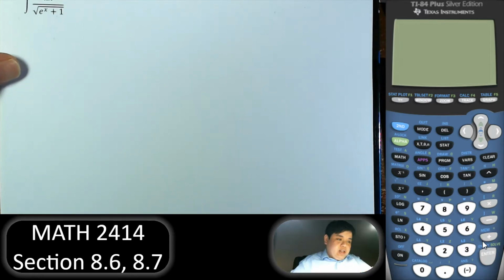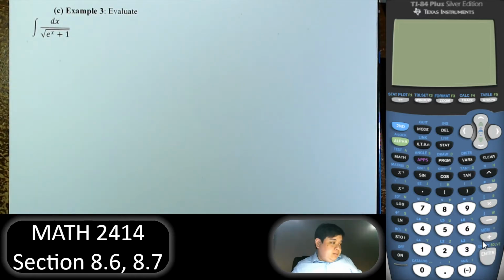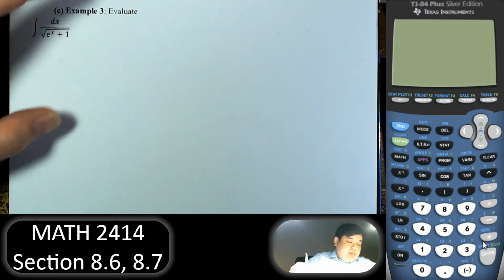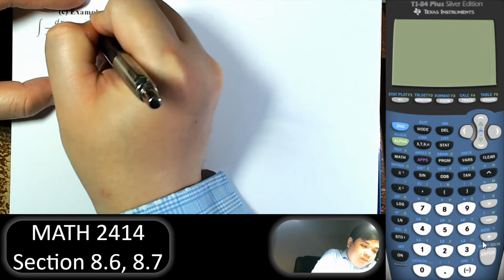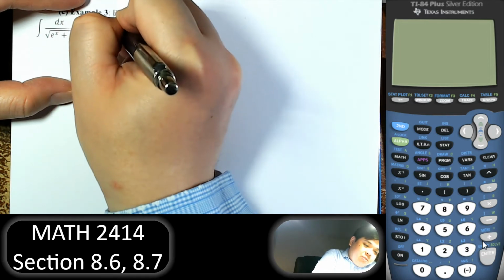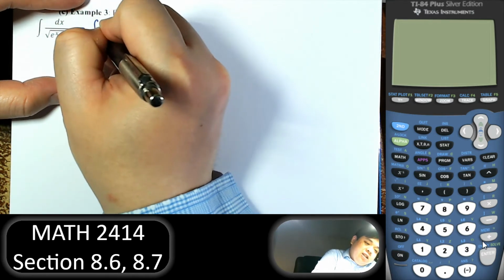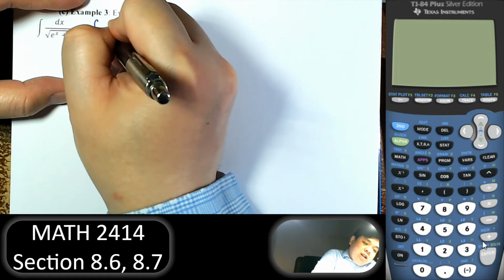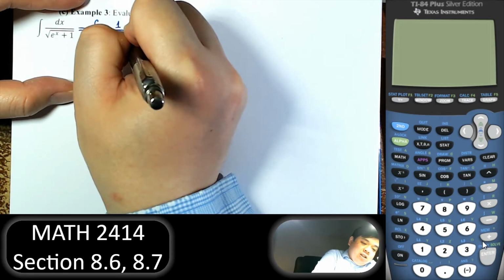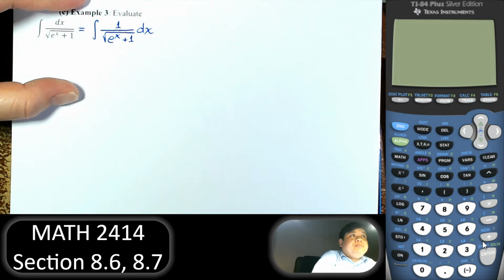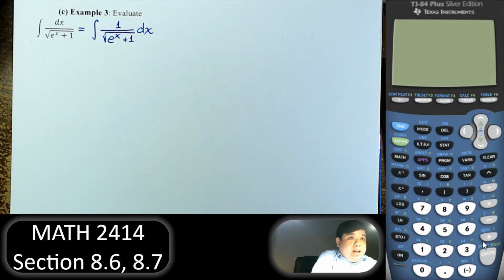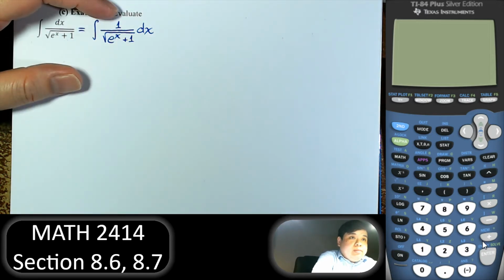Now we have another example here. Now this looks complicated. Right. I will write it like this to make it a lot easier, not a lot, but at least. So have dx on the back. Right. There must be some kind of substitution.